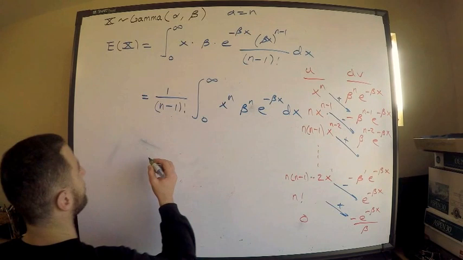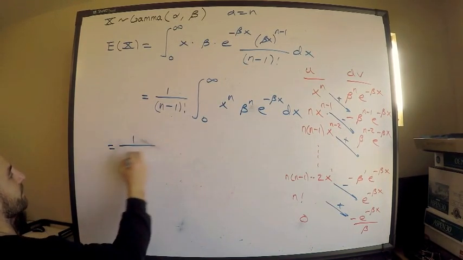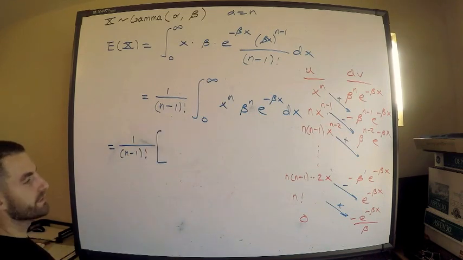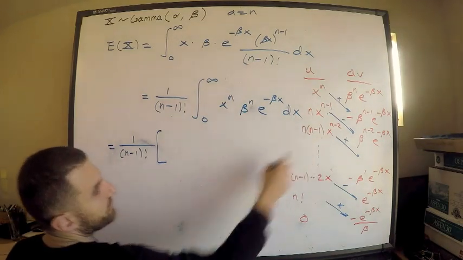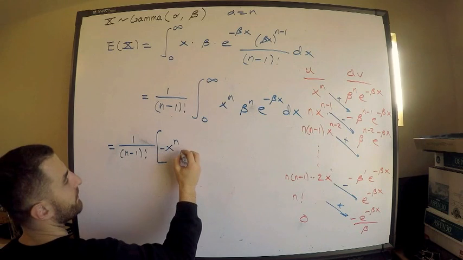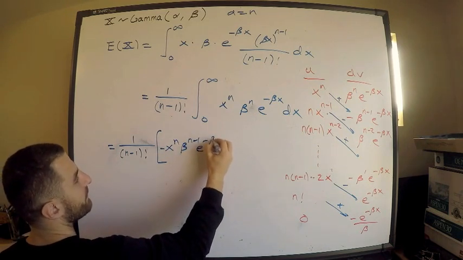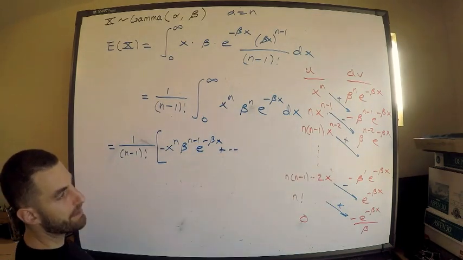I still have 1 over n minus 1 factorial times, now we use all this. So I start here, I start with the first one. This is x to the n, as a negative, beta to the n minus 1, e to the negative beta x. Keep going. There's a bunch in between here, but I don't have room, right?